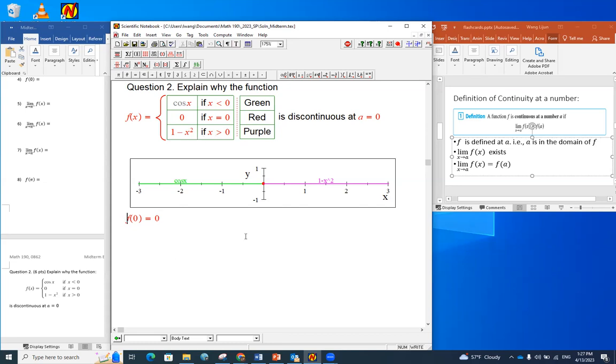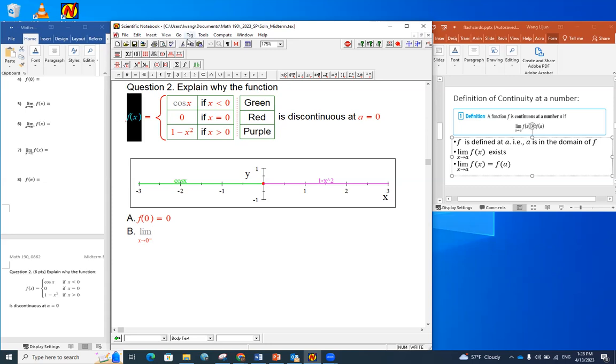Second condition, we're going to check if the limit for the function exists from left or right. We're going to look at the limit of the function as x approaches 0, because there are three pieces. As x approaches 0 from smaller than 0, we have a different rule of the function.